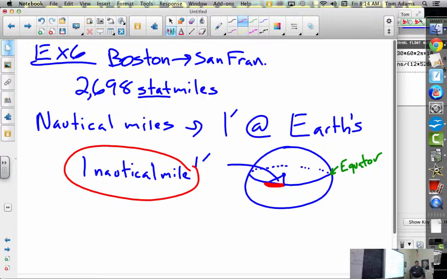Okay, so remember that 1 minute is 1/60th of a degree, and what we need to do is we need to calculate this and convert. So what we really need to know is what is 1 nautical mile compared to a statute mile.